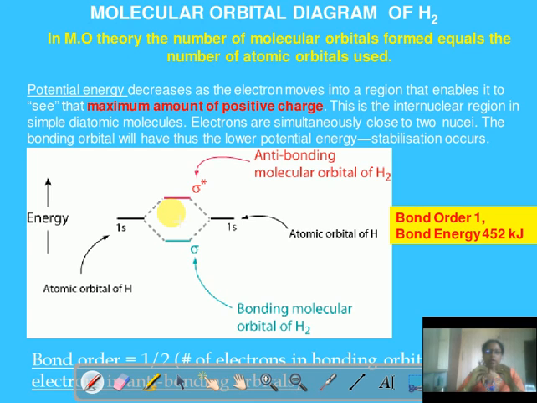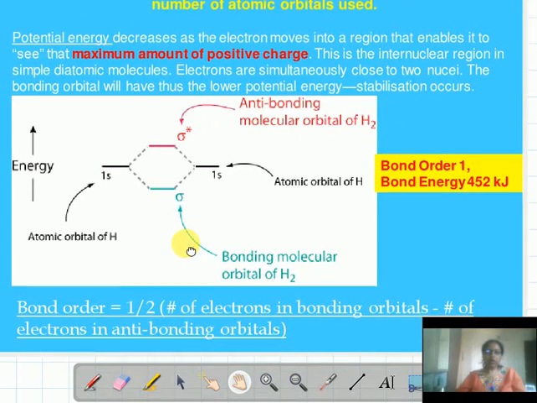So there will be an attractive force between those nuclei and the electrons. A stabilization occurs, and that's why the bonding orbital will have the lower potential energy. This way you can understand why the bonding orbital has the lowest energy.